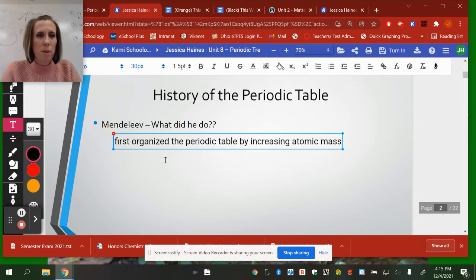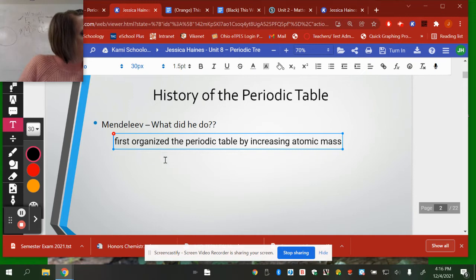But there are a couple of them that stand out where the atomic mass does not increase as you're going through the periodic table. It actually flops back down a little bit, and then jumps back up. Go through and look at your red numbers and see if you can pick out any elements that do not follow what Mendeleev said the periodic table should be designed as.